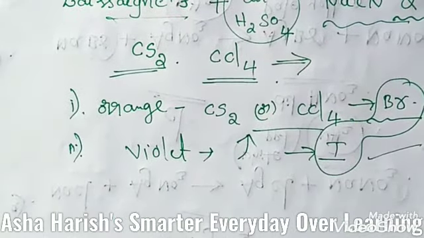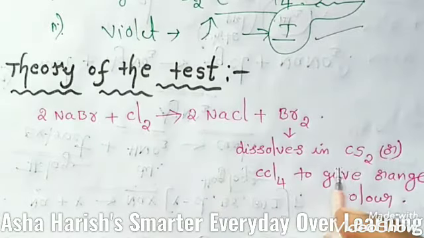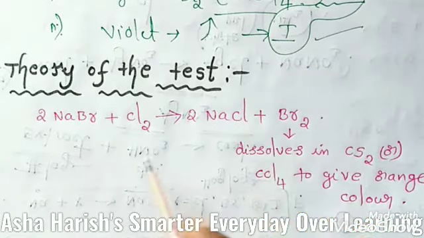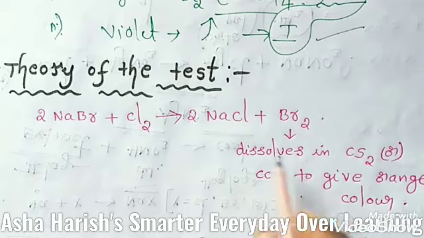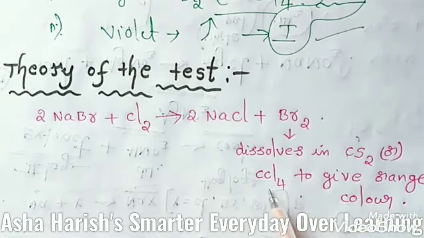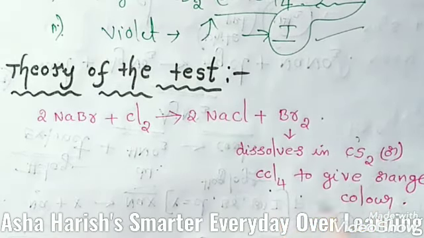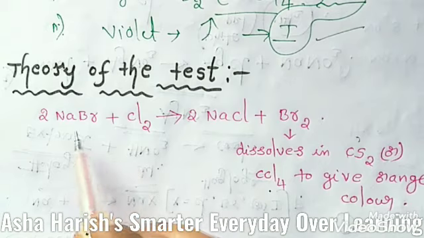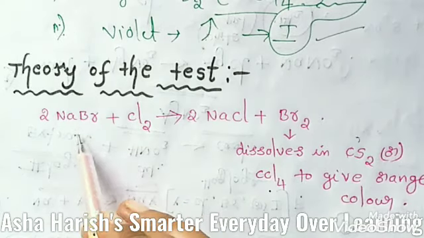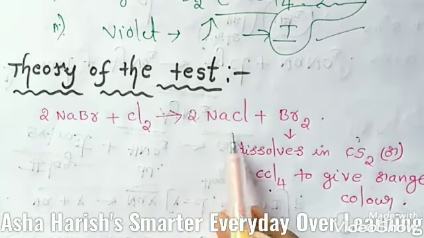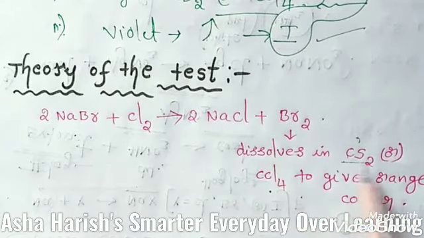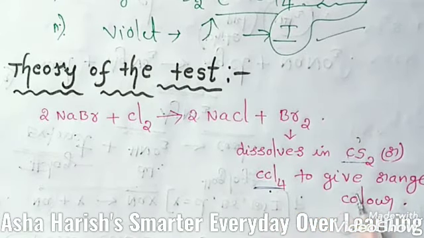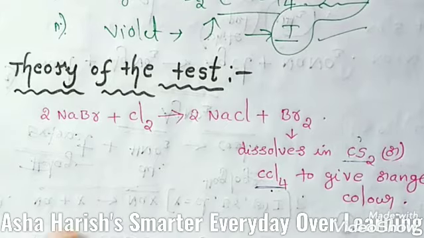Now the theory of the test. This is due to the reason that chlorine displaces bromine and iodine from their corresponding halides. The halogen thus liberated dissolves in CS2 and CCl4 to produce the specific color. You can see the example here: NaBr, sodium bromide, and chlorine give sodium chloride and bromine, which dissolves in carbon disulphide and carbon tetrachloride to produce orange color.